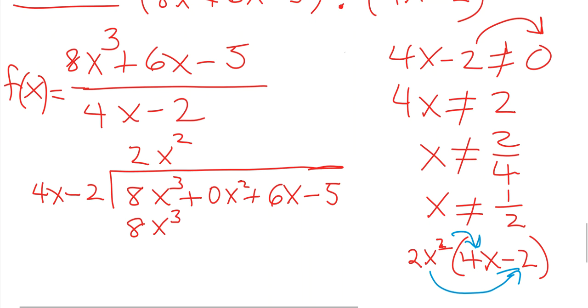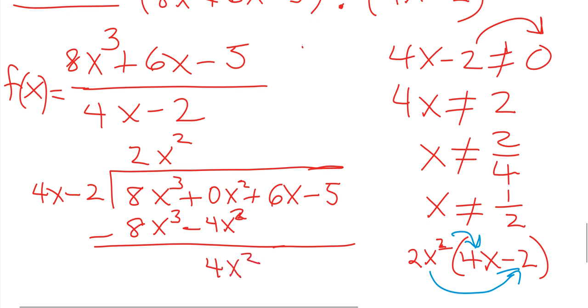So 2 times 2 is 4, and that's minus 4x squared. And then I subtract. 8x cubed minus 8x cubed, no x cubes. 0x squared minus a minus 4x squared. When you're subtracting a negative, you add. So this just becomes 4x squared.